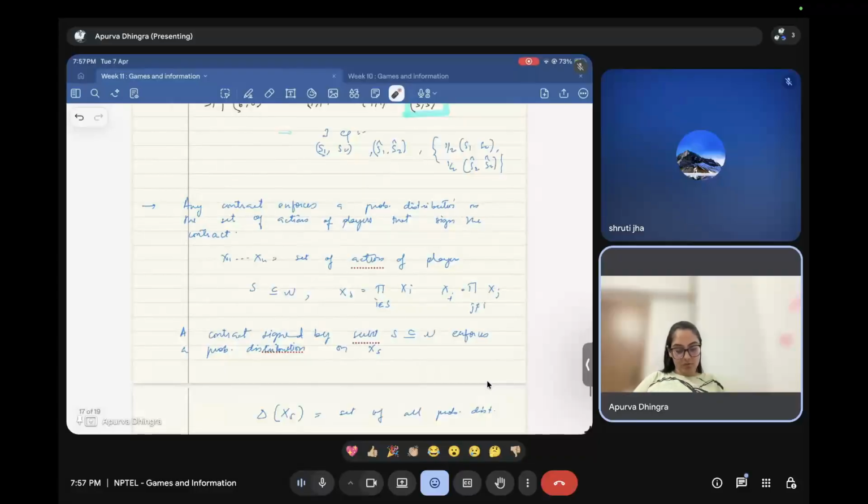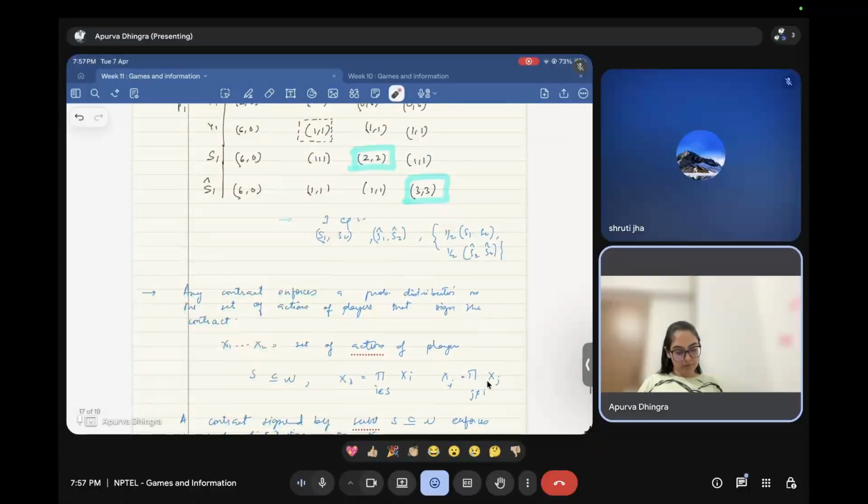But anyways, what we have been talking about so far is one way to think of these contracts, in terms of some sort of a probability distribution.